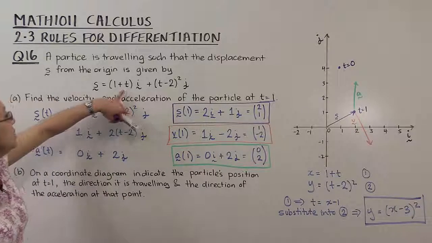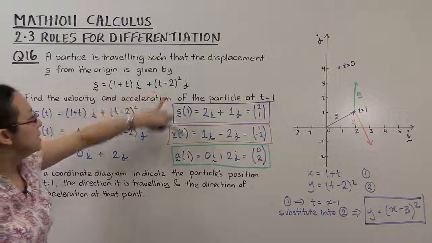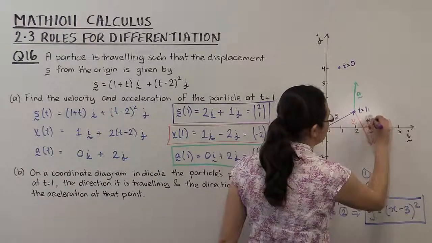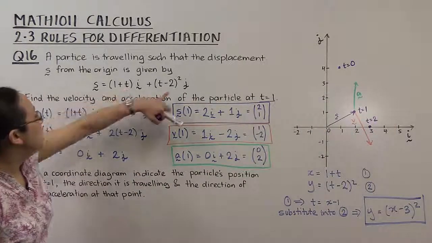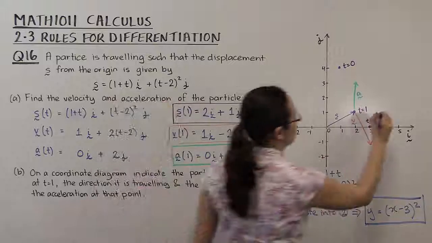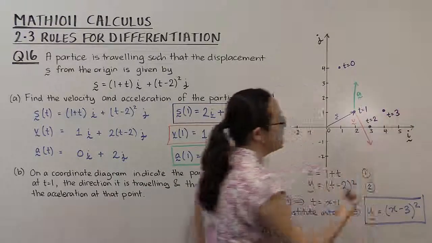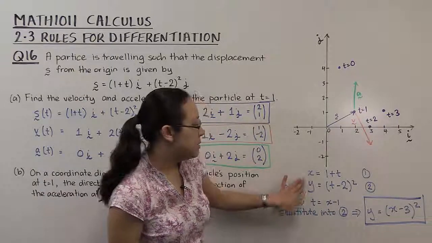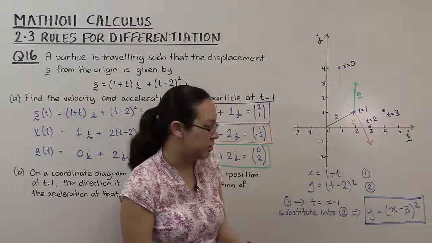If I put in time t equals 2, I would get 3i plus 0j, so I would know that it was here at t equals 2. I could plug in time 3, it would be 4i plus 1j, so it would be here. So you can see we can plug in various values of t and work out where it is, but by eliminating the parameter t, the time, I can see the path that the particle is travelling in.